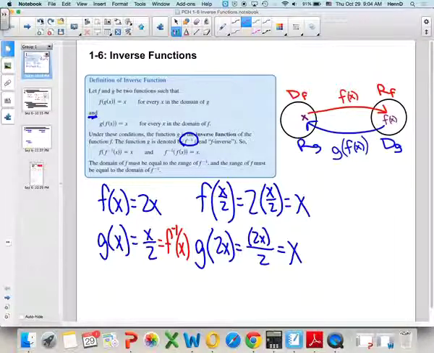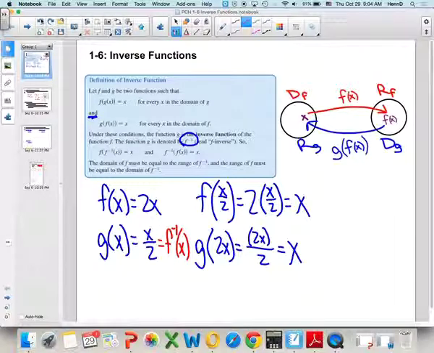Now look at what happens, just to kind of picture this. Here's our domain of f, this set of numbers. The function f takes that value of x and it gives us something in its range. D of f is the domain of f, R of f is the range of f. One thing you have to understand is that for inverse functions, the range of one is the domain of the other.